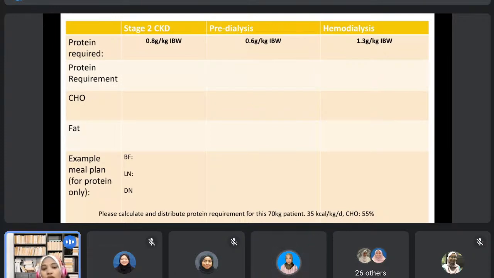Exchange protein, 1 medium egg. So 1 exchange. You all jangan confuse dengan serving and exchange. Dia ada dua benda yang berbeza. Tahu kan? So 1 exchange untuk breakfast, telur, which is 7 grams.